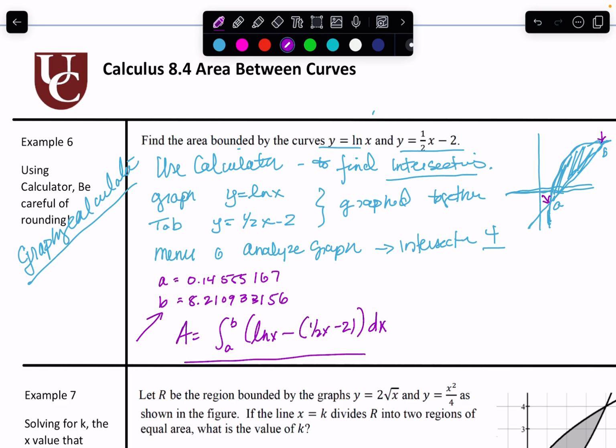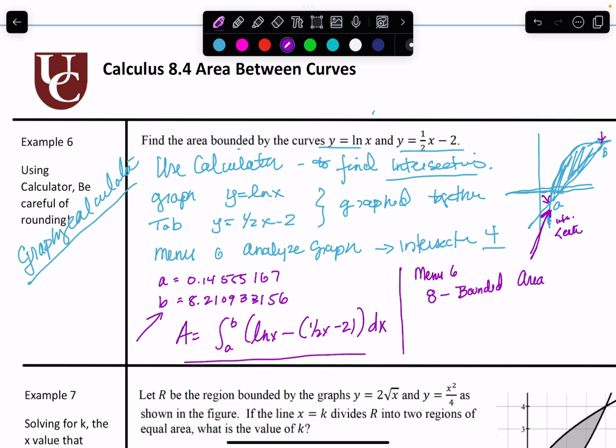So now what's really cool is you can go to your calculator, and you don't even need those intersections because it can do it for you. You go menu, 6, and then you want 8, bounded area. You're going to put your pointer right here at this A, and I think it'll say intersection point when you're on the right thing, and you hit enter.